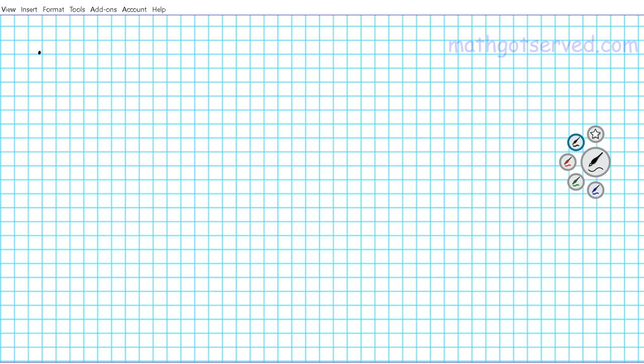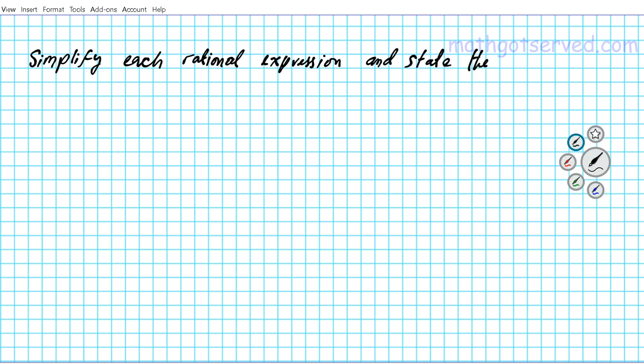We are to simplify each rational expression, and then after simplifying, you're to state the constraints, because there are specific values that make the output of the rational function undefined. So you have to explicitly state what the constraints are for the rational expression given.